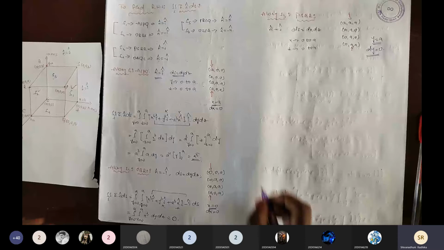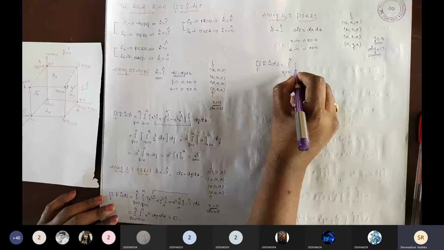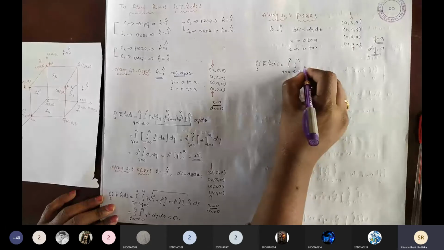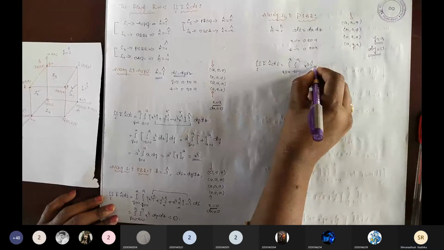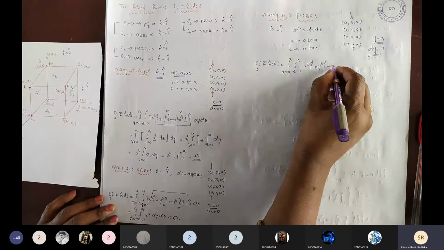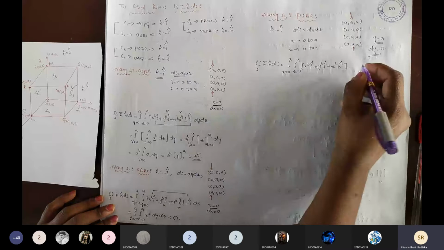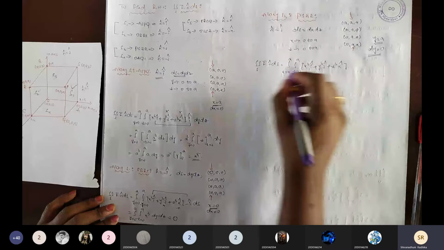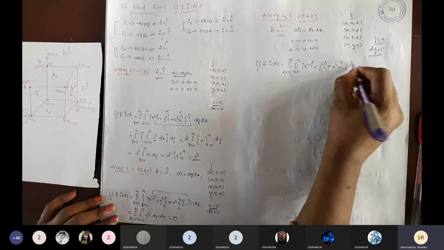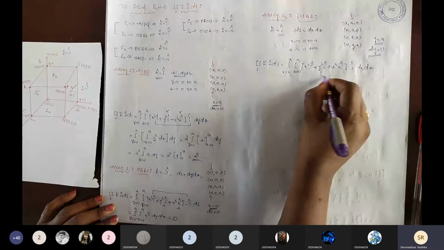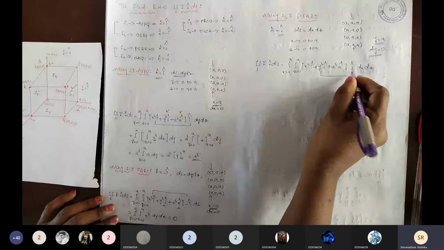Double integration over S of F bar dot n cap dS equals integration x from 0 to a and z from 0 to a of F bar, x cube i cap plus y cube j cap plus z cube k cap, dot n cap. n cap is j cap, dx dz, and j cap dot j cap is 1.